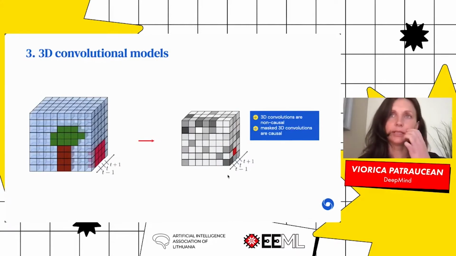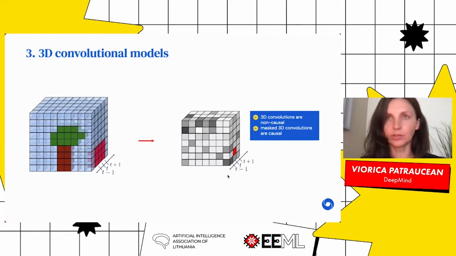Now, importantly, these 3D convolutions are not causal, because the temporal receptive field of the convolution operator is symmetrical in the temporal dimension. So to compute the activation at time t, we also have to look into the future.